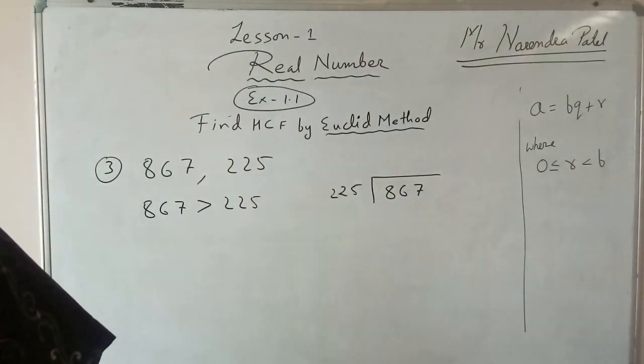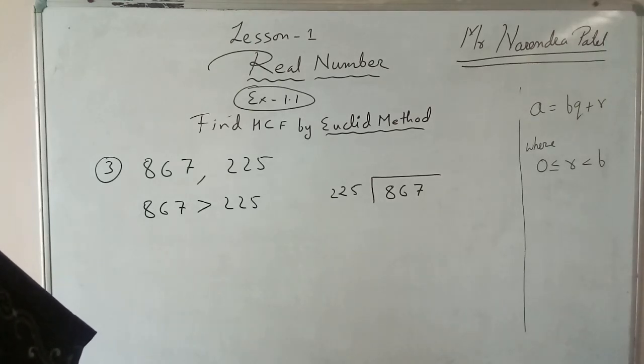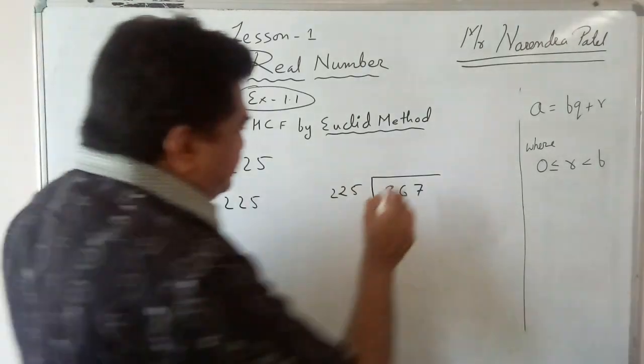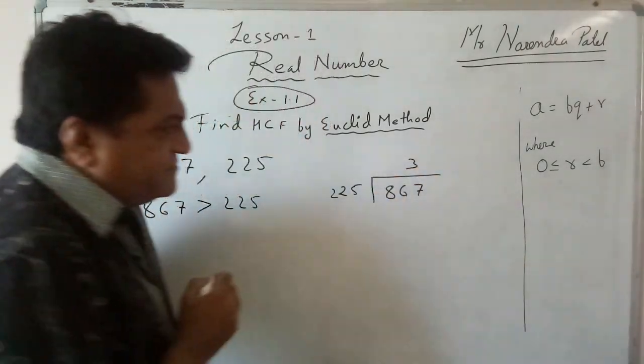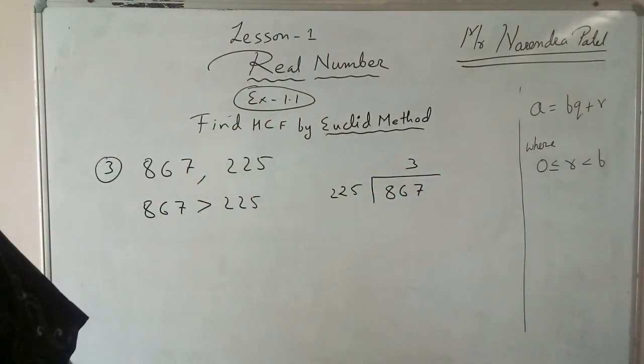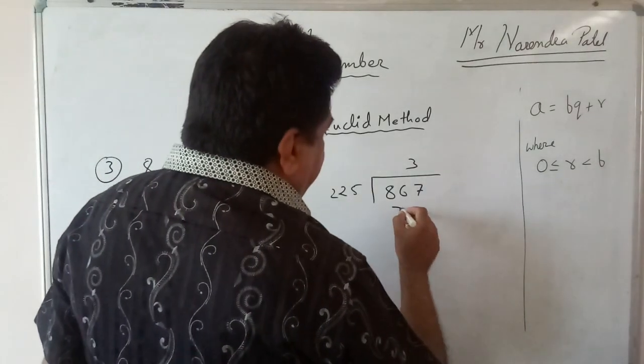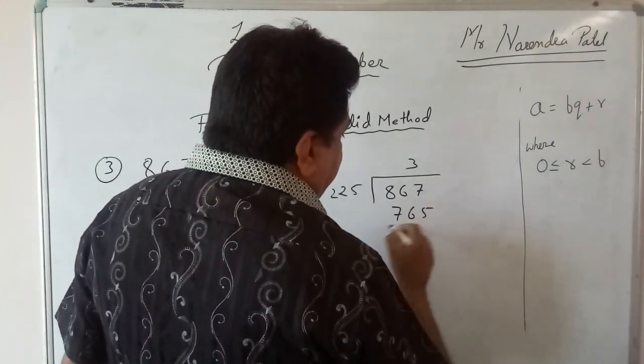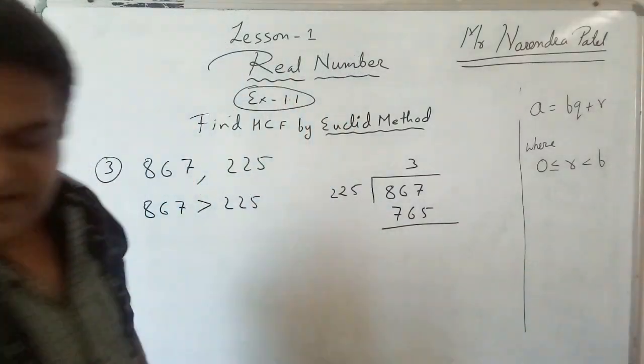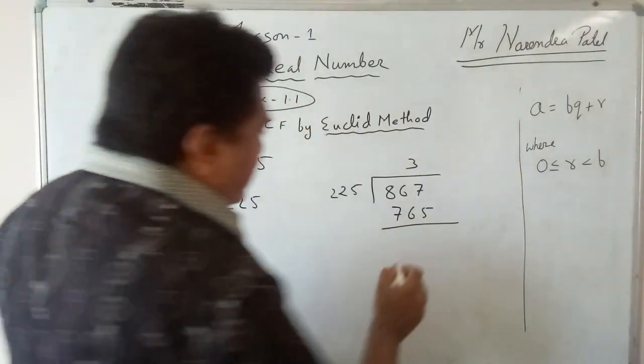So first I will take 3 ja. 225, 3 ja you will take. You will get 765. So by minusing you will get 102.